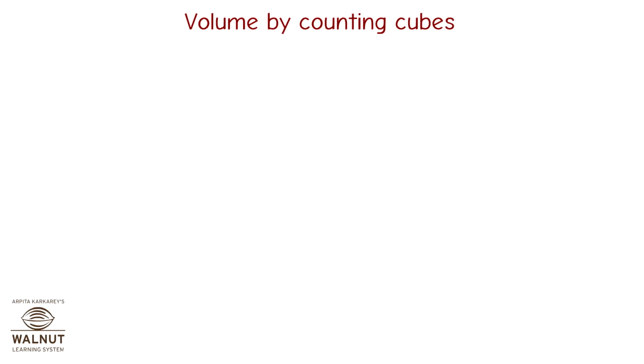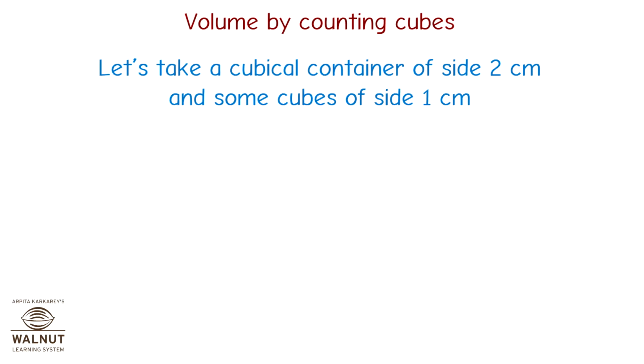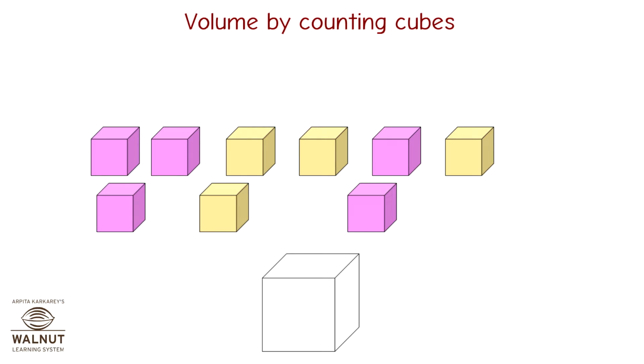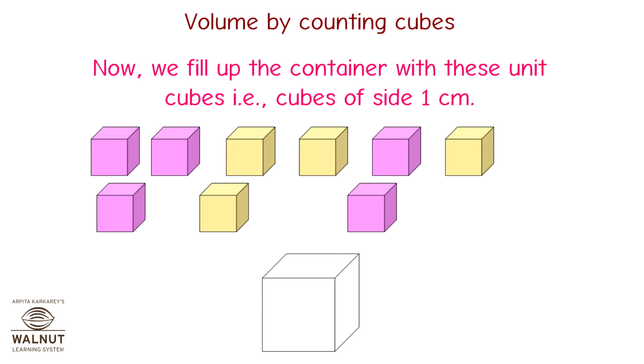Volume by counting cubes. Let's take a cubical container of side 2 centimeters and some cubes of side 1 centimeter. Now, we fill up the container with these unit cubes, that is, cubes of side 1 centimeter.